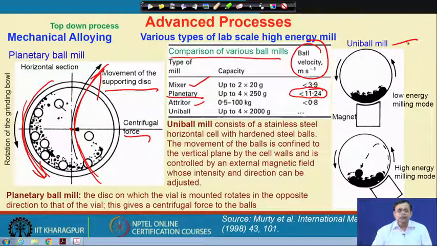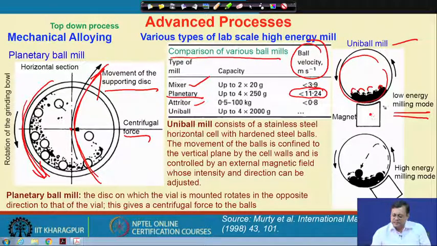Sometimes giving higher energy to the system makes complex processes worse. So, in that case, when a very low energy input is required, the uni-ball mill simply rotates and the ball goes to the next process, and a very small amount of energy can be given.